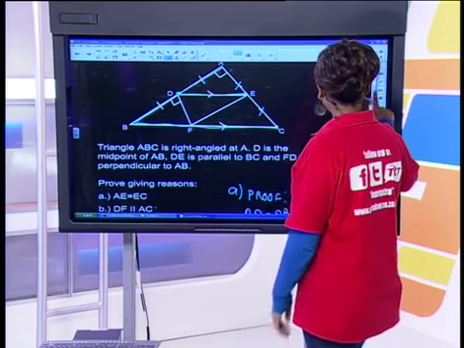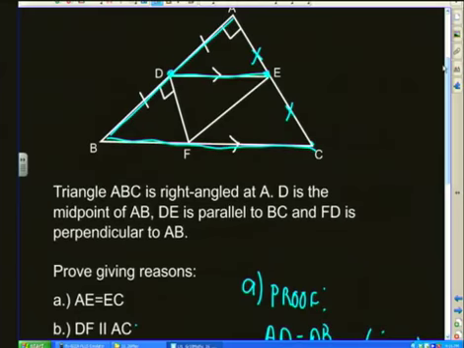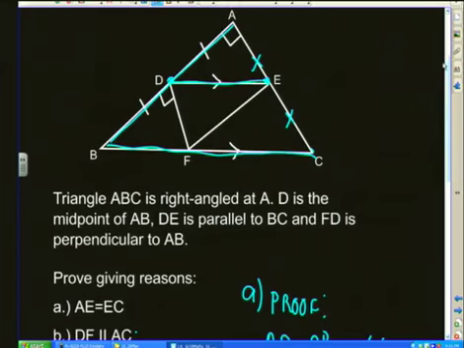Such an example is part B, where it says prove that DF is parallel to AC. So they want us to prove DF is parallel to AC. If you look at what you're given, they told you that angle A is 90 degrees. They've also told you that DF is perpendicular to AD.